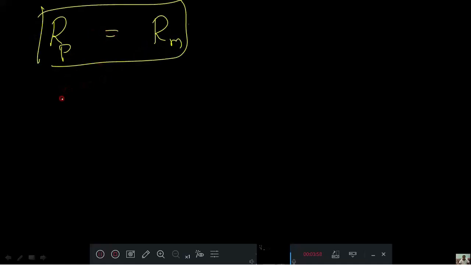If I calculate the Reynolds number for the prototype and for the model, these must be the same, and like that for all other numbers also. When you maintain this dimensionless number the same for prototype and model, then all other similarities, like geometric, kinematic and dynamic similarities, are maintained based on these model laws. Now we'll go to the first one, Reynolds model law.